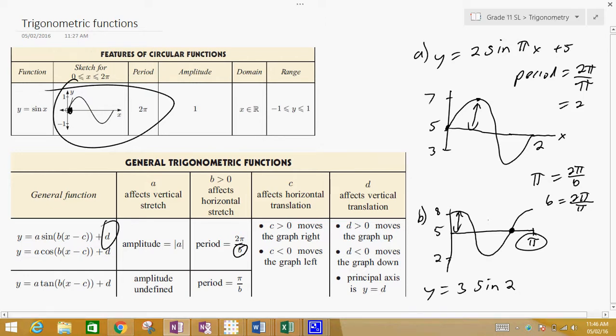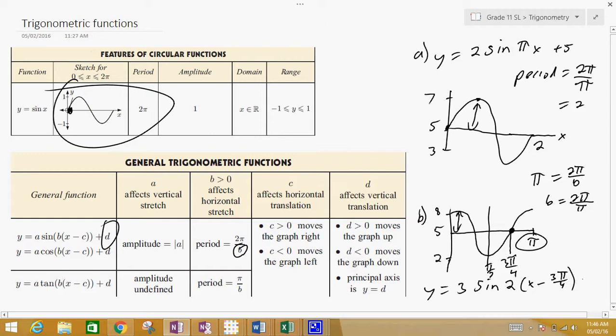Well, if this is pi, then in the middle would be pi over 2. And the middle of those two, which would be this point, would be 3 pi over 4. So it's been shifted over by 3 pi over 4. So what we could do is brackets x minus 3 pi over 4.